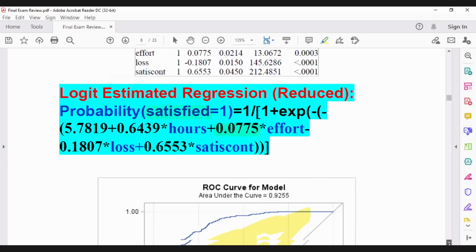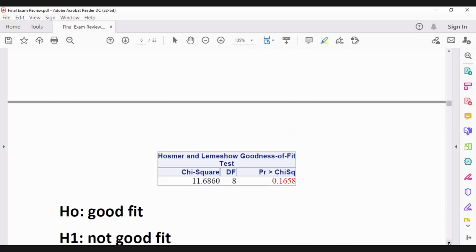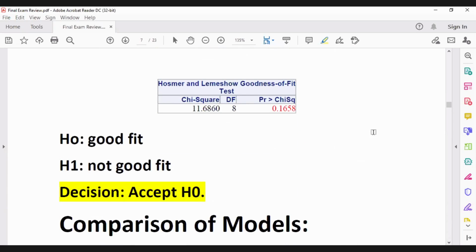So let's get to goodness of fit. Evaluate goodness of fit. We have a good fit under the null hypothesis, not a good fit under alternative 1.